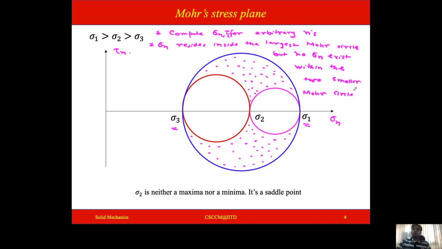So you see all the sigma n's will reside inside the largest Mohr circle, but you will not find any sigma n inside the two smaller Mohr circles.